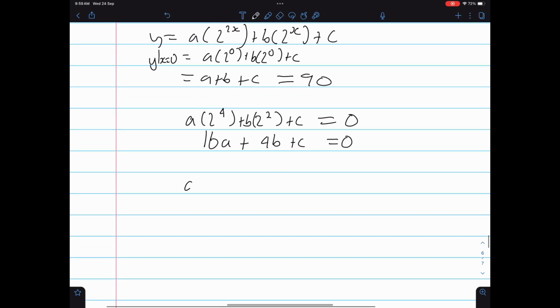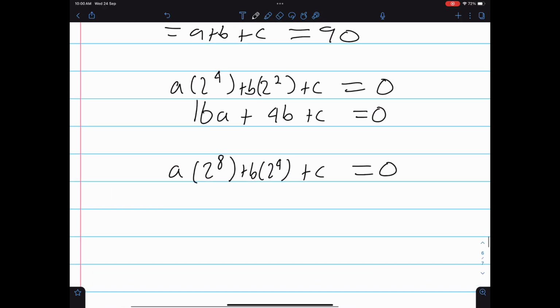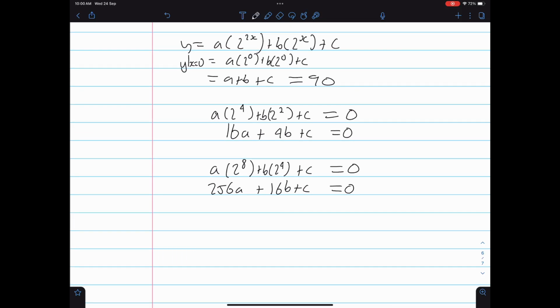And then we can do the same for the other one, which is 4. So that's 256a plus 16b plus c equals 0.